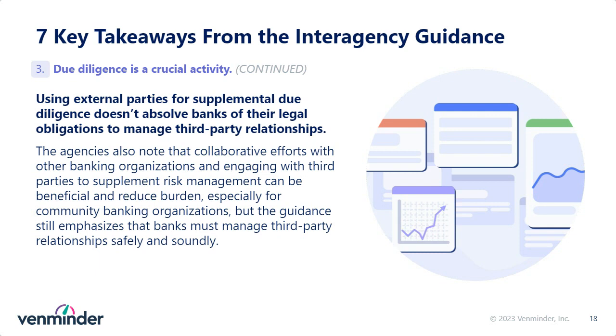Just keep in mind that when you use these alternate resources in this supplemental due diligence, you're still responsible for the outcome. Your organization is still responsible for the outcome, no matter where you get that information, whether it's directly from the vendor or from a professional service. You need to manage those third-party relationships in a safe and sound manner.